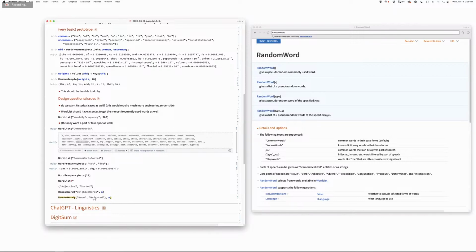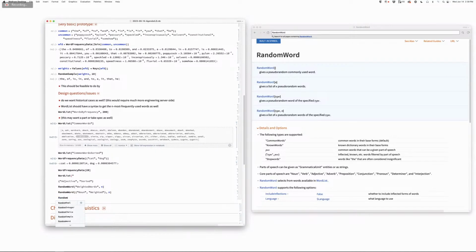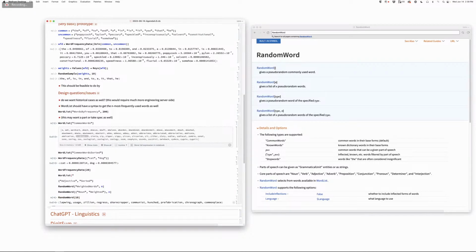Well, right now we've got a pseudorandom commonly used word. That's what we say. Yeah, common words is the default. And I think that's a good thing to do. I do not think we want to weight them there. The use case, and we've got many, many examples, is how well do you know words in English, right? You can estimate how well you know English by doing that, as opposed to the weighted version in which chronograph will not appear.